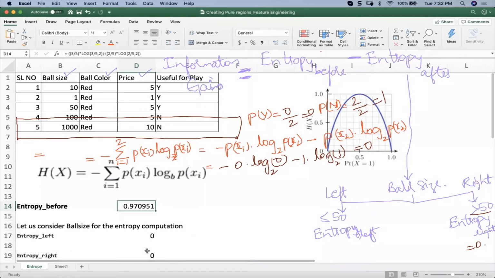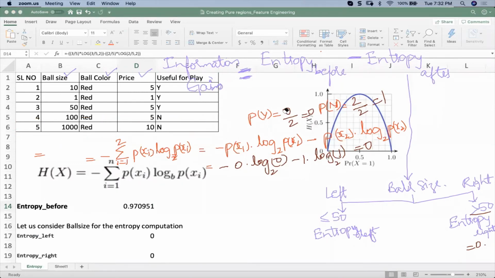Look at that. Once you get left and right side as zeros, you have to add them up. Once you add entropy left and right, you'll get entropy after. However, the challenge here is, let me erase these things.